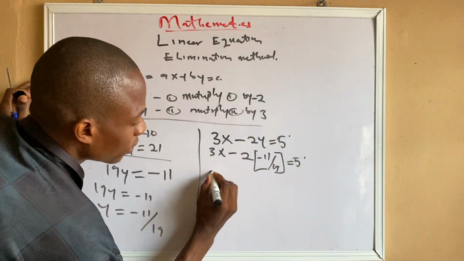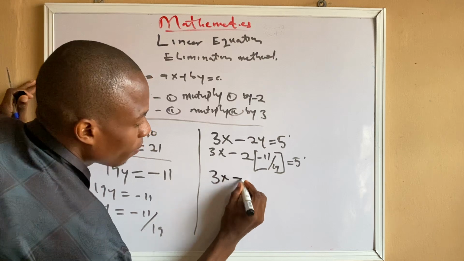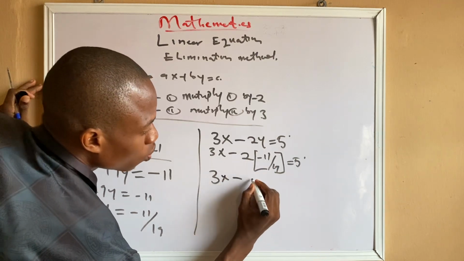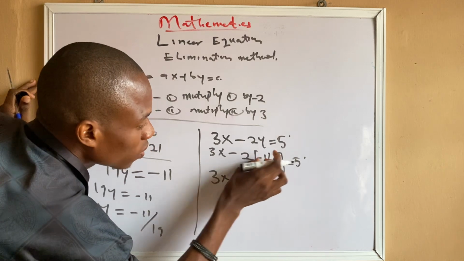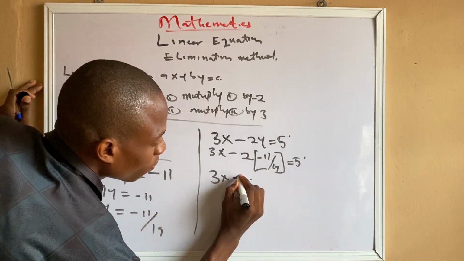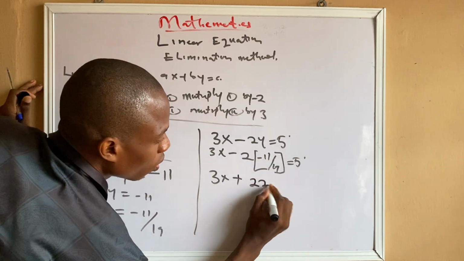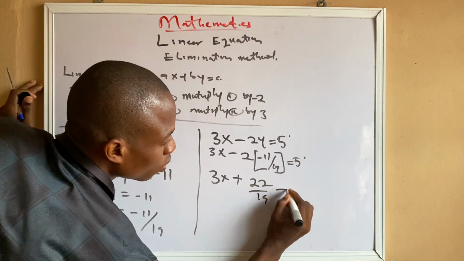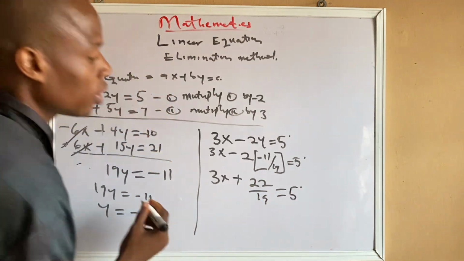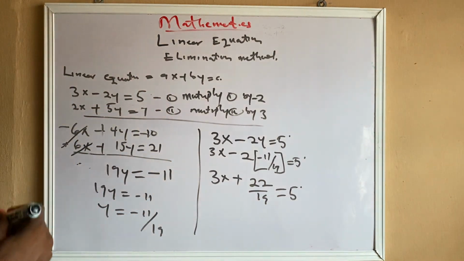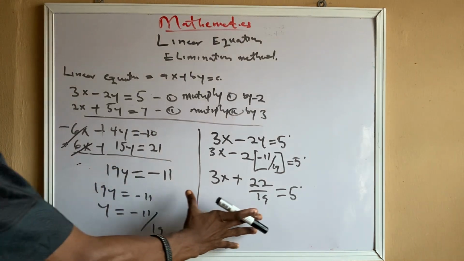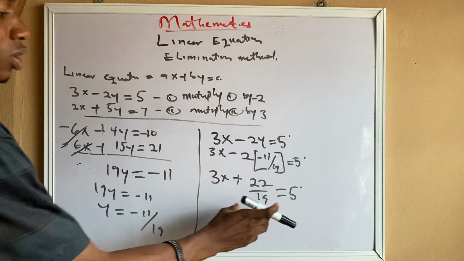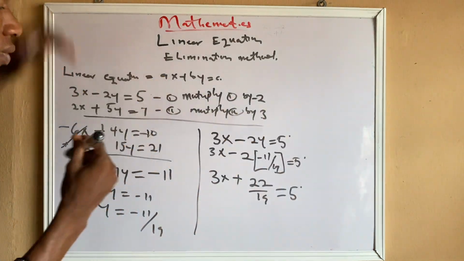Okay, now let's proceed. So 3x minus 2 times minus 11 over 19. You know this one is minus, this one is minus. Now when minus is multiplied by minus, it becomes plus. So 3x plus 22 over 19 is equal to 5. The next thing is to find the value of x.